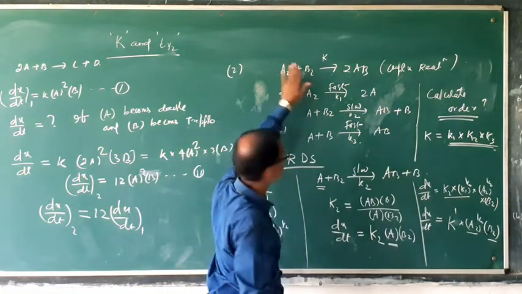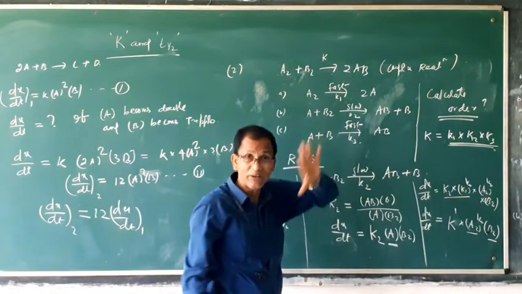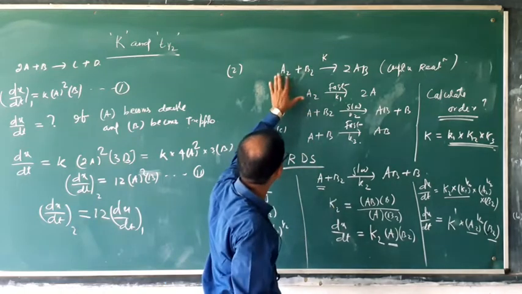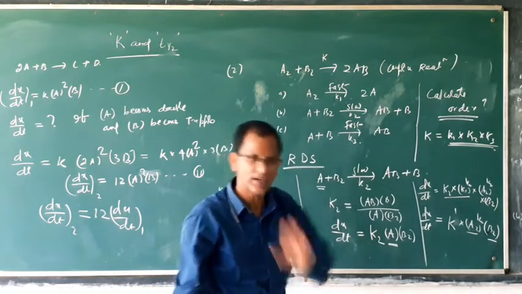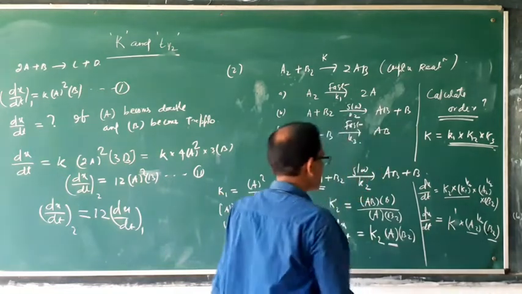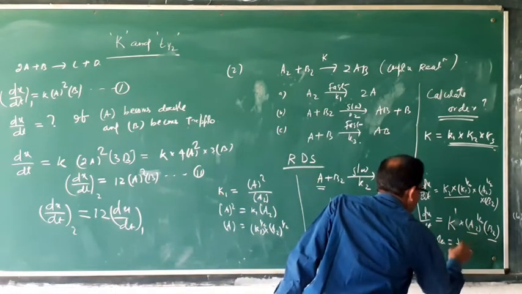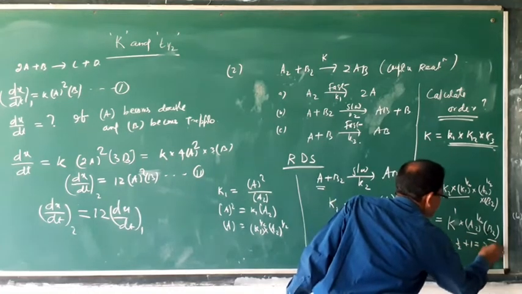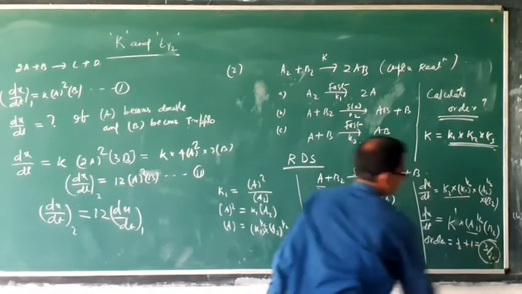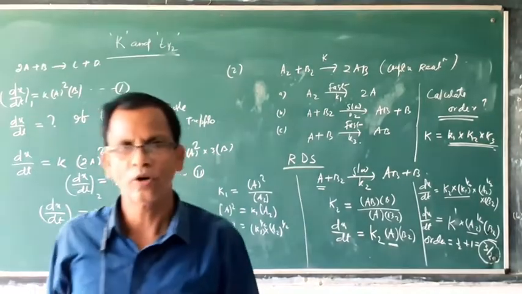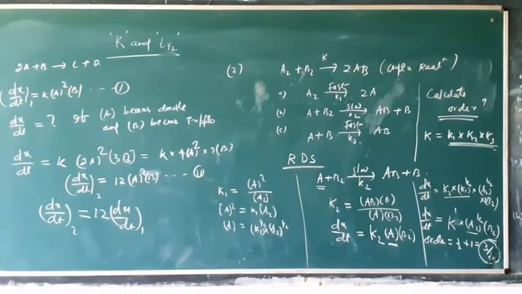Here given 1 plus 1 is 2. Without experiment, if you answer only 1 plus 1, that is 2. But no. What is the actual order? Order will be half plus 1, that is 3 by 2. Order is 3 by 2, not 1 plus 1.